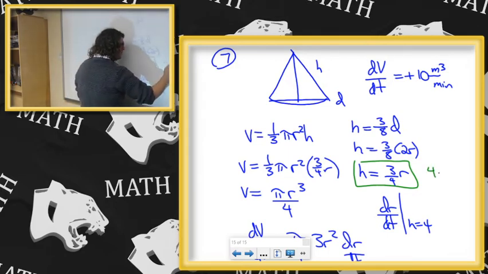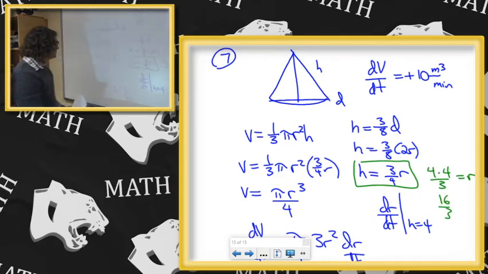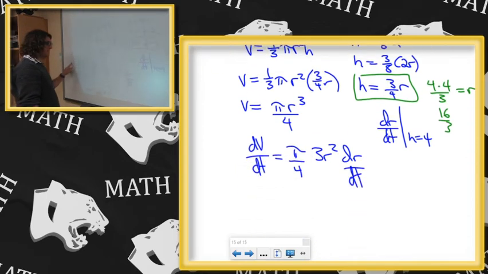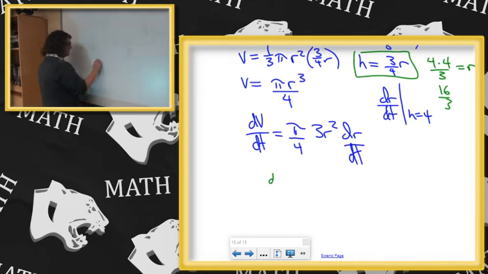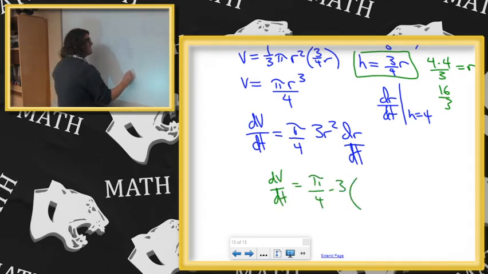That would be 4 times the height of 4 over 3 is equal to r. So that would be 16/3. So that r value is 16/3. So we get dV by dt is equal to pi over 4 times 3 times 16/3 squared.